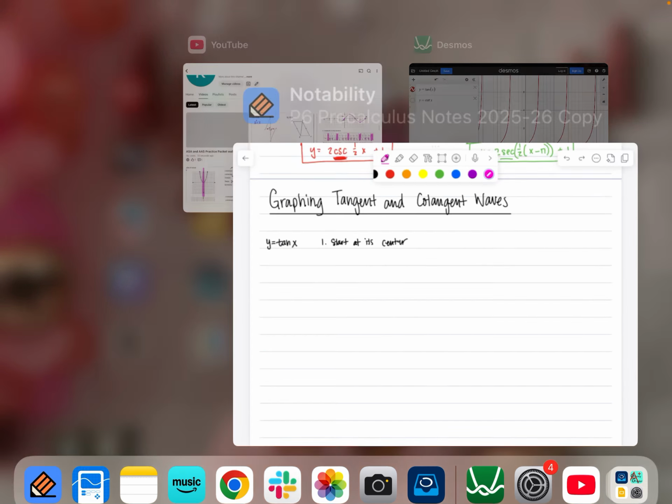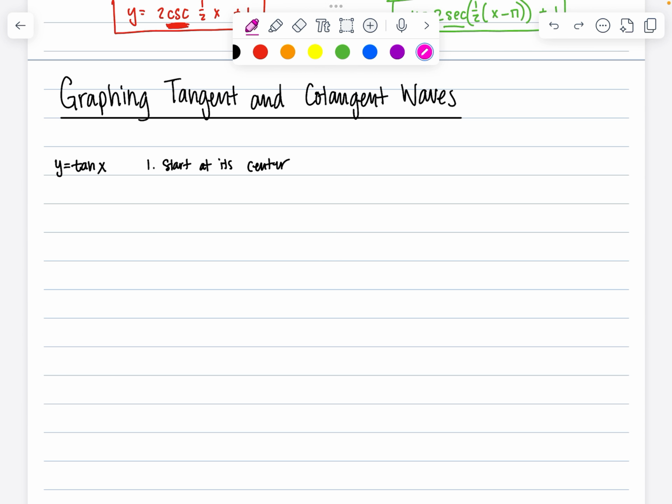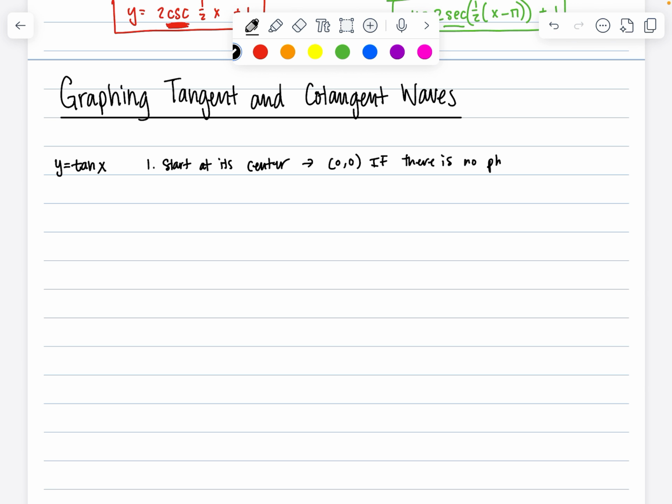So a couple of components here. It starts at its center, and that center is (0, 0) if there is no phase shift or, I'm going to put this in quotes, "midline" shift.